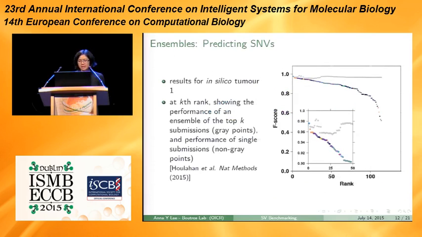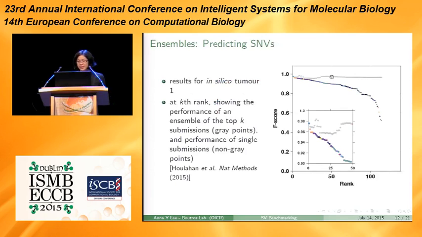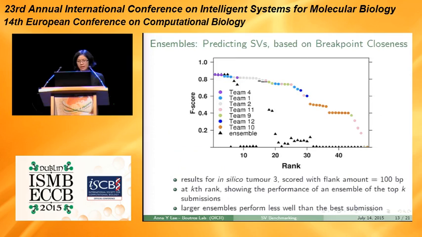Okay, so as Paul presented, the SNV submissions show that we can create ensembles of them that perform about as well as the best submission. If we, at the, say, 50th rank, combine the top 50 submissions in an ensemble, then it performs better than the individual submission at rank 50. When we look at SVs, the picture is different.